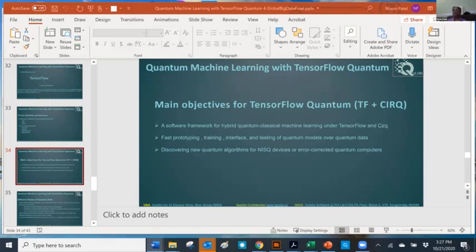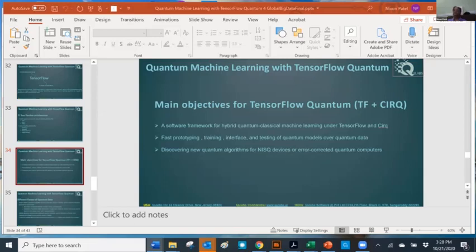Similarly, in the case of TensorFlow Quantum, we can use the TensorFlow elements and Cirq elements, which we'll see further, like what we can do with standard TensorFlow Keras functions like fit and compile. You have model.fit to fit a model, or compile a model with model.compile, or we can specify loss functions.